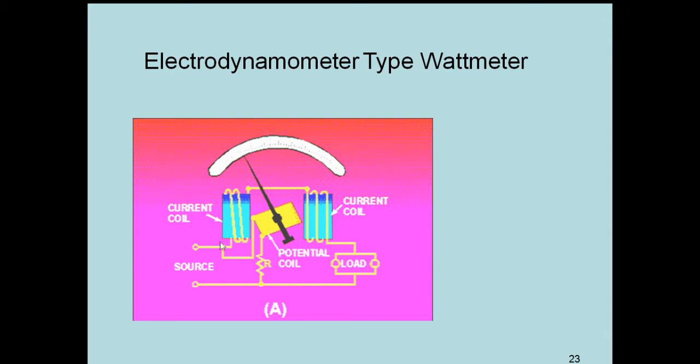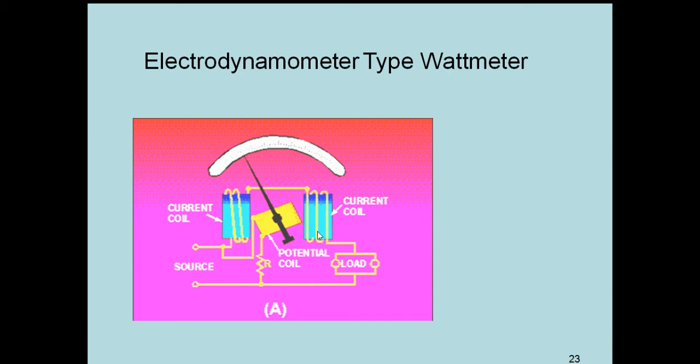And this current coil is connected in series with the circuit, and this potential coil is connected in parallel with the circuit. Okay, and this potential coil carries a current which is proportional to the voltage applied across the circuit. This current coil will have thicker wire and fewer turns.